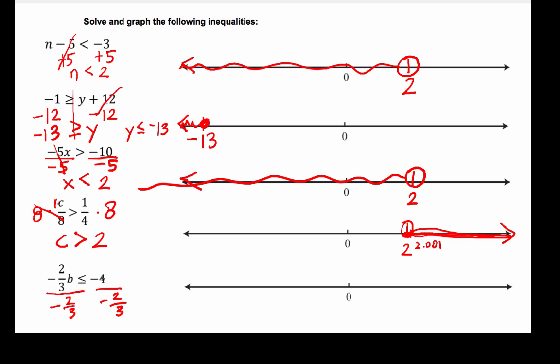But then this involves -4 divided by a fraction. What do I do? Do I need my calculator? No, I don't need my calculator. So let's remember, our goal is to create a coefficient of 1 on b. What can we multiply this -2/3 by so that the product would be 1?